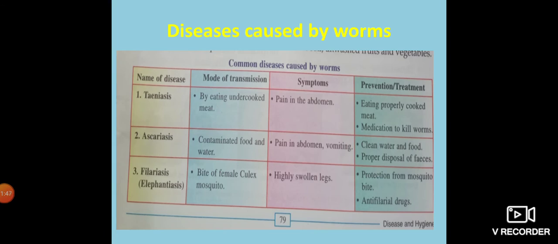Don't be confused with these two. Malaria is transmitted through the bite of the female Anopheles mosquito, and elephantiasis or filariasis is transmitted through the bite of the female Culex mosquito. Symptoms are highly swollen legs.